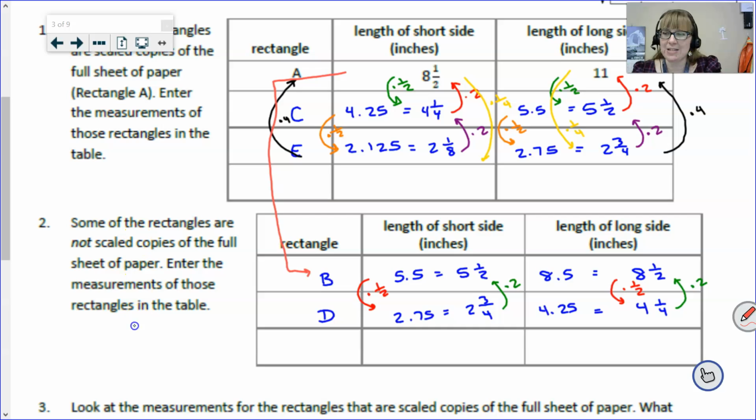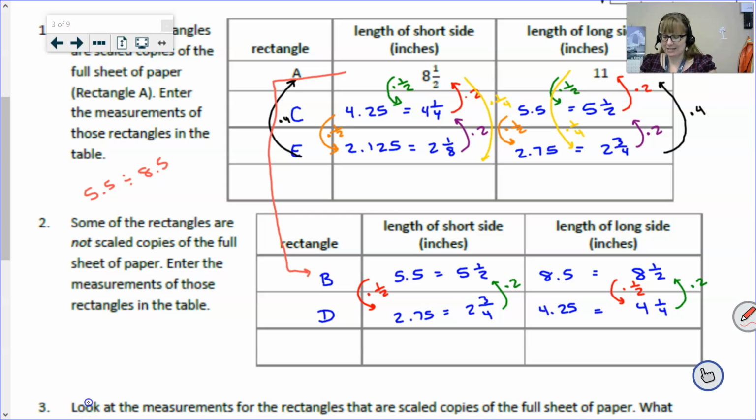So what I would be typing into the calculator would be 5.5 divided by 8.5. Let me fix that because we can't use those mixed numbers when we're trying to calculate. So 5.5 divided by 8.5.